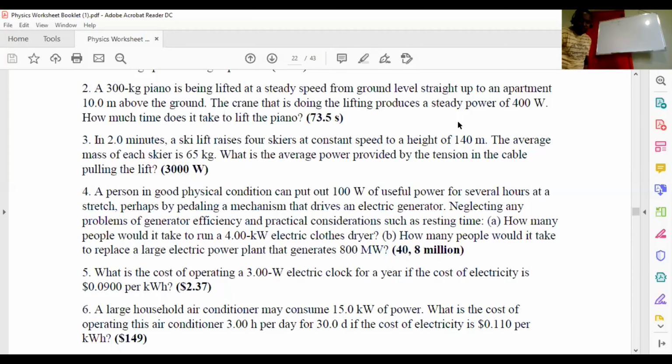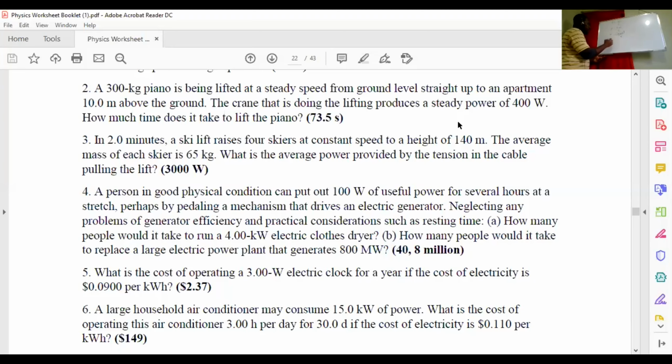They're not given a value for work, so we need to find what work is. Force times distance. We haven't been given any force, so how would we find the force? We're given mass, so m times g is the weight. So that means P is equal to mgd over t. And if you notice, this resembles our potential energy equation, so we could have just used potential energy over time.